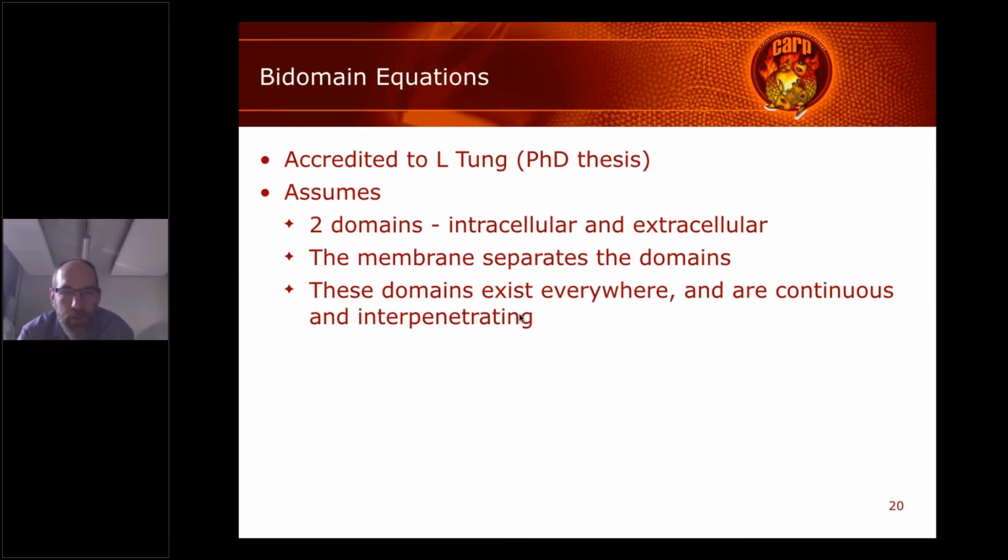What that means is that within a certain volume, at any one point, that point is in the intracellular space and in the extracellular space, which we know really can't exist because points can only be inside or outside the cell. But we play this game where we say that these two domains are interspersed, so that they exist everywhere.